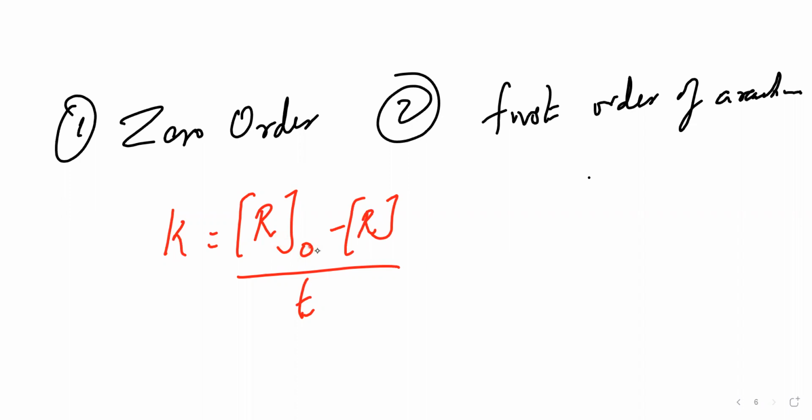R naught is nothing but the initial concentration. The square bracket indicates concentration. It's up to me where to write it. R naught is the initial concentration.